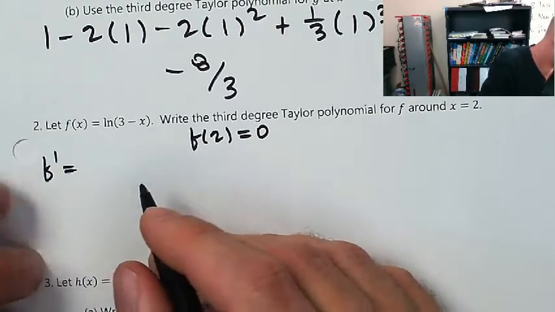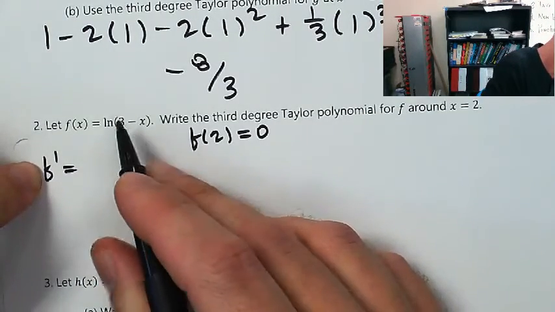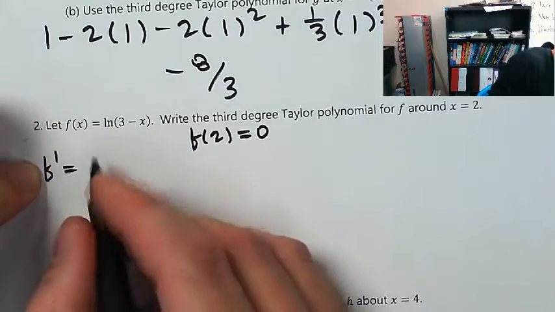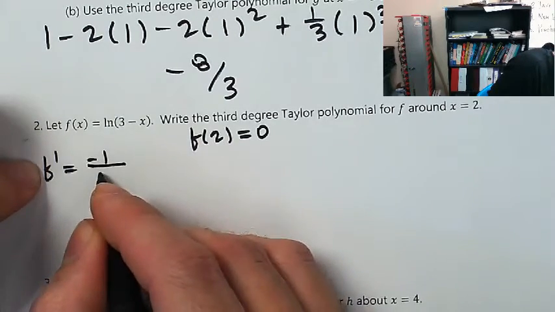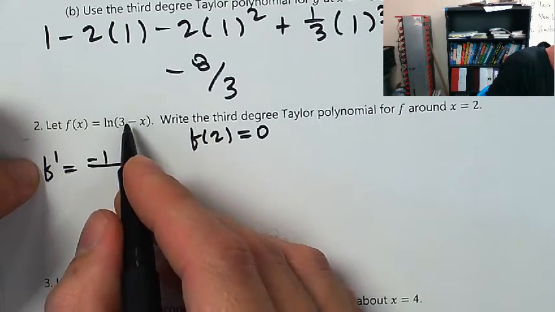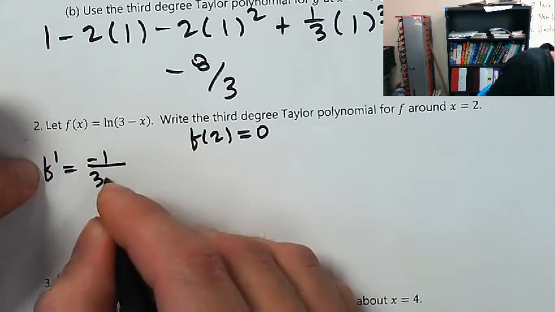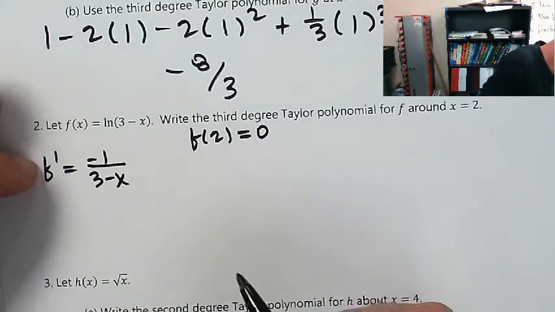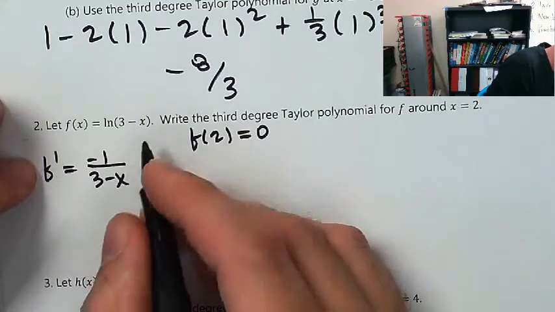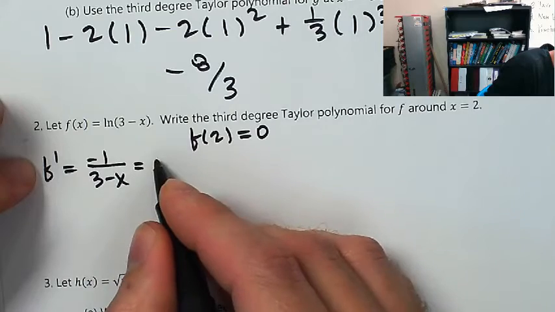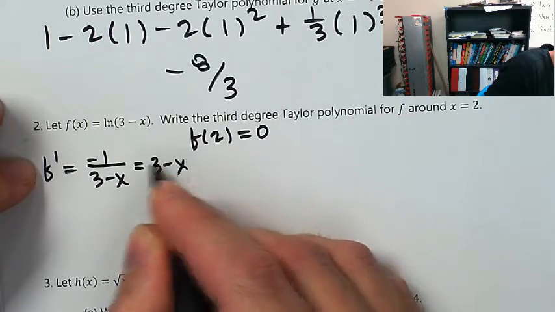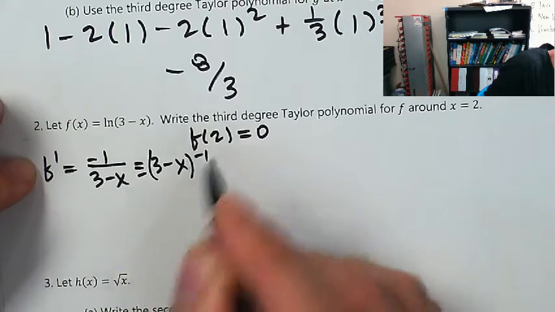Okay. So f prime is going to be -1 over 3 minus x. Okay. 1 over 3 minus x for the log, -1 for the chain rule. Okay. And I'm going to just rewrite that as negative of 3 minus x to the negative first.